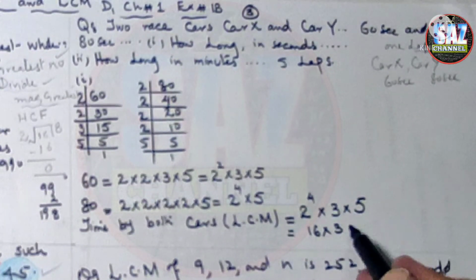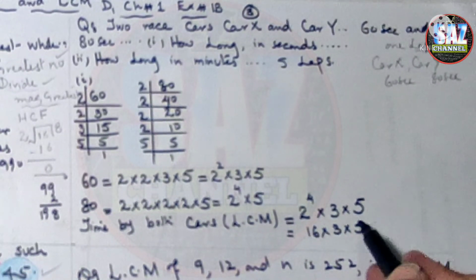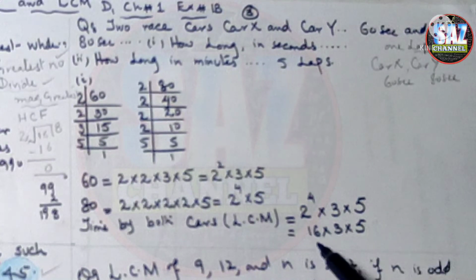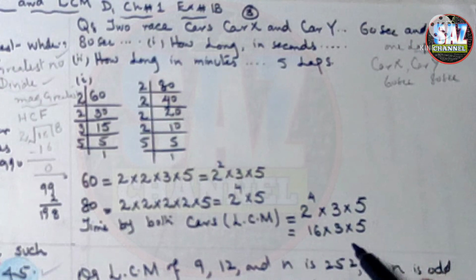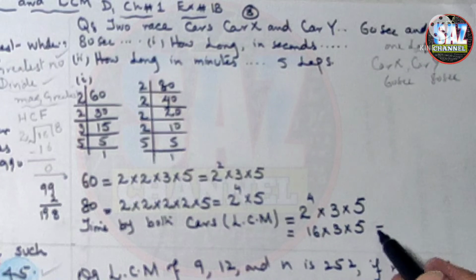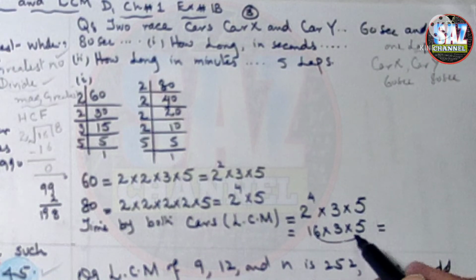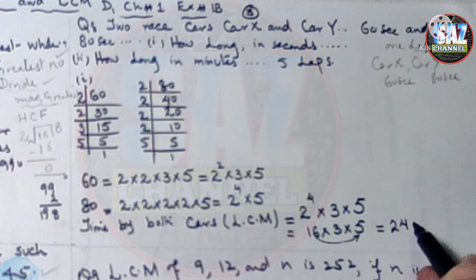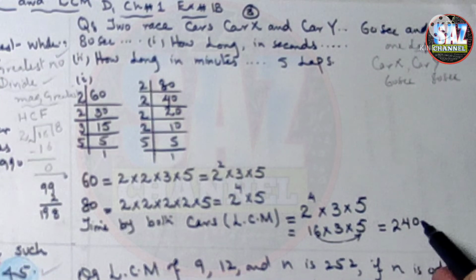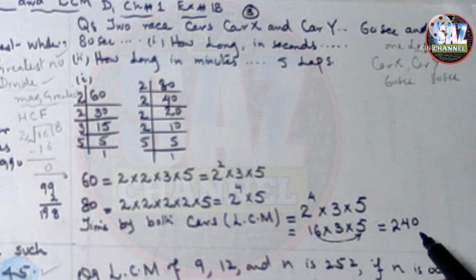times 3 times 5. Now look, as this is a paper 1 question, so we will learn how to make the calculation easy. 16 5s is 80, and 80 times 3 is 240. Okay, students, you can see that I'm giving you the idea of how you can make your calculation easy.